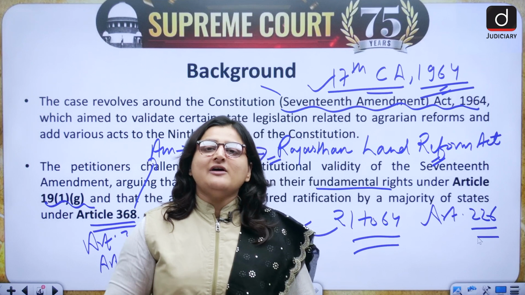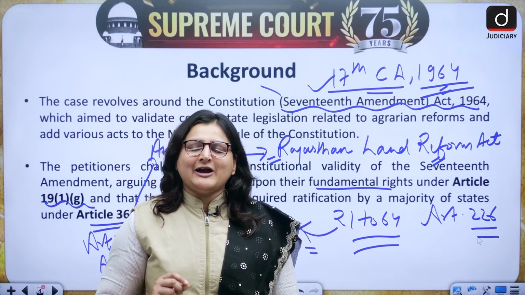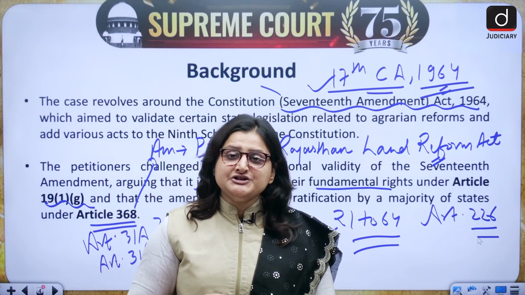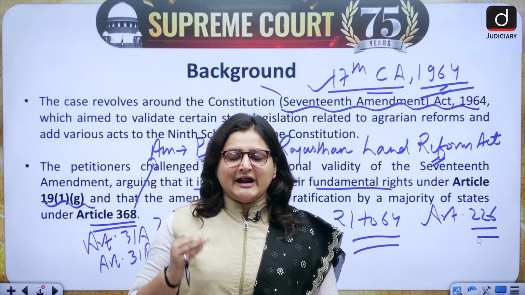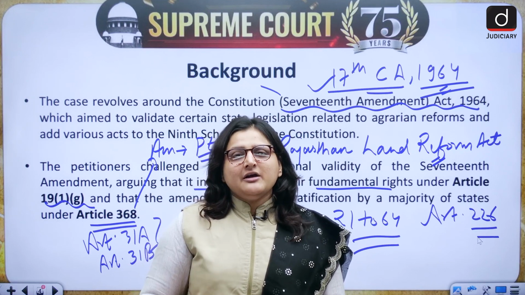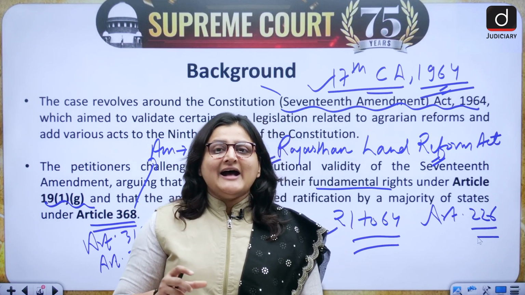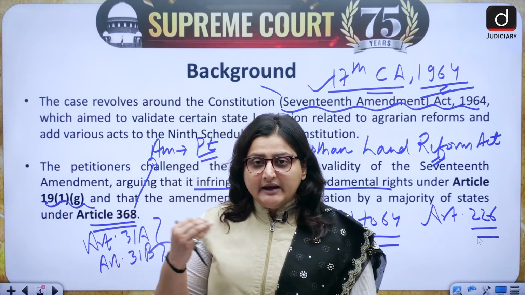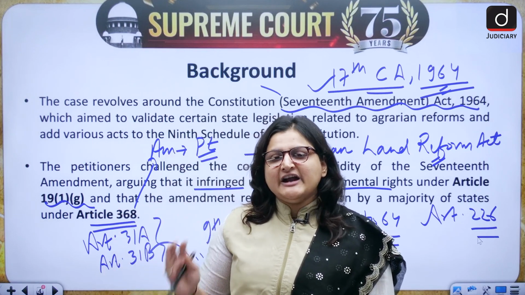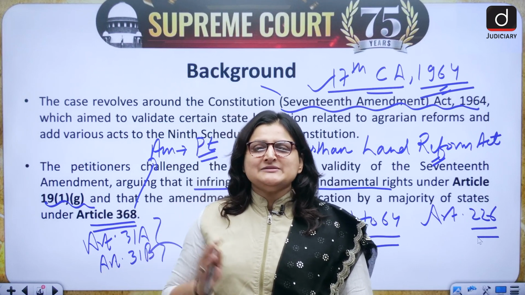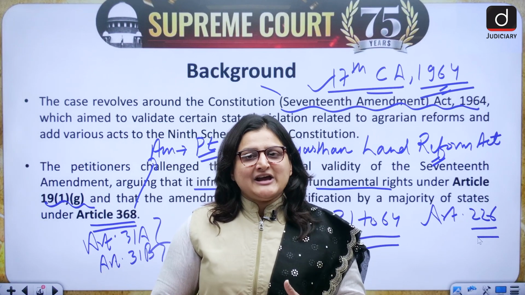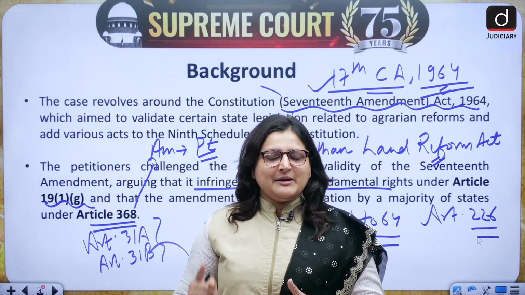So the validity of the 17th Constitutional Amendment Act of 1964 was challenged, which has put the Rajasthan Land Reform Act in the 9th schedule. Through that amendment, the word estate has been given a wider meaning. In other words, it empowers the state of Rajasthan to acquire land of the people and distribute it to the landless persons. So he challenged the validity of the 17th Constitutional Amendment.